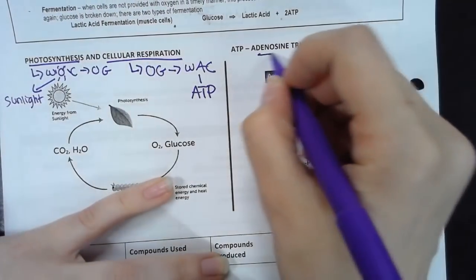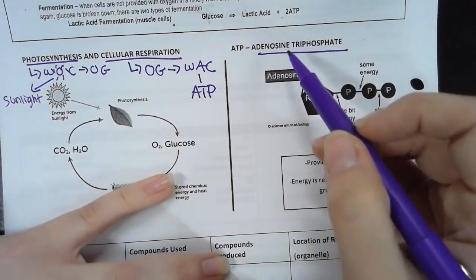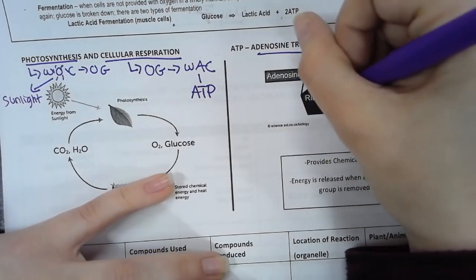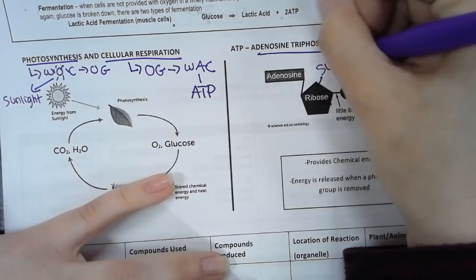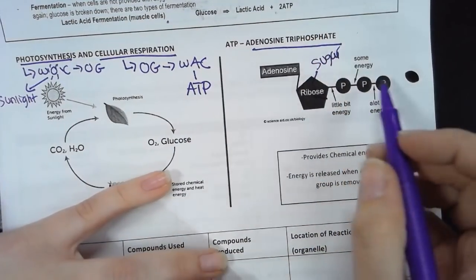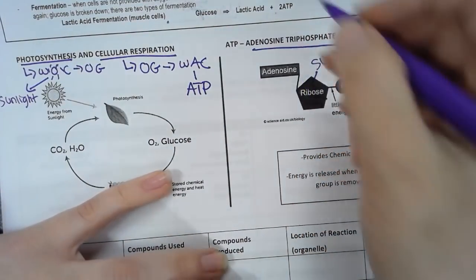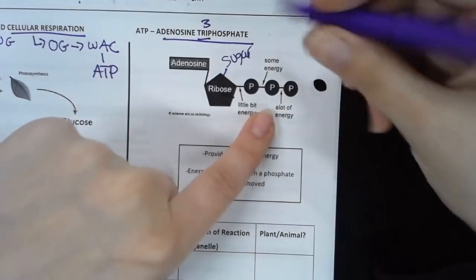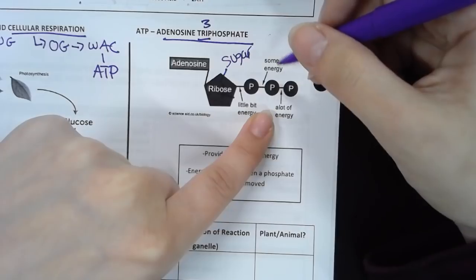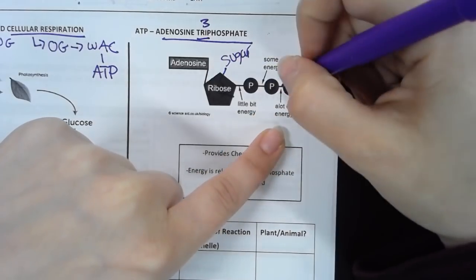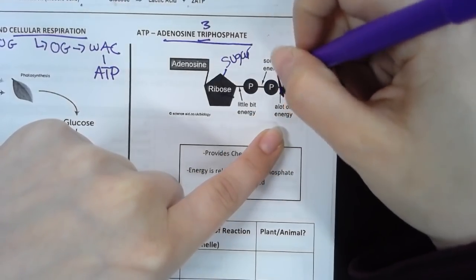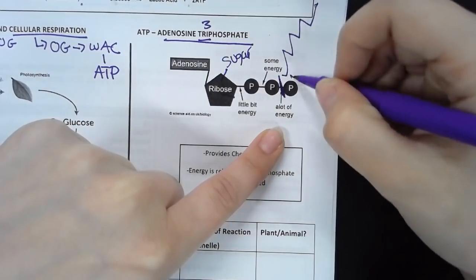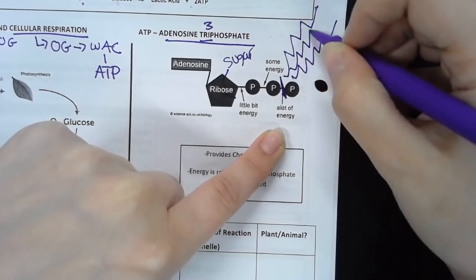ATP, remember, is adenosine triphosphate. Adenosine is just part of this molecule up here. It's attached to ribose. Remember, anything that ends in -ose is a sugar. And then it has 3 phosphate groups, hence the tri is 3, and then phosphate 1, 2, 3. There's a bunch of energy that's stored especially in the phosphate group. If I broke specifically these last 2 phosphates, a bunch of energy would be released.